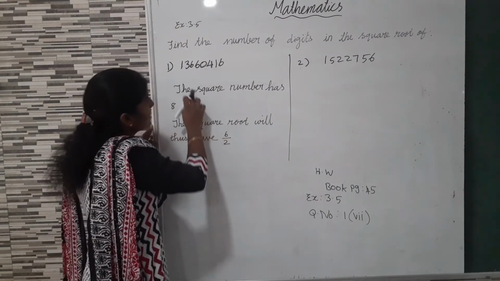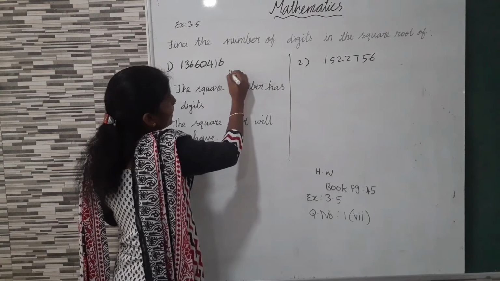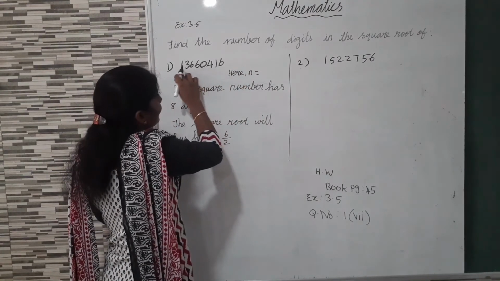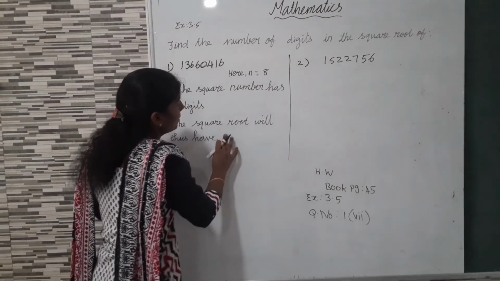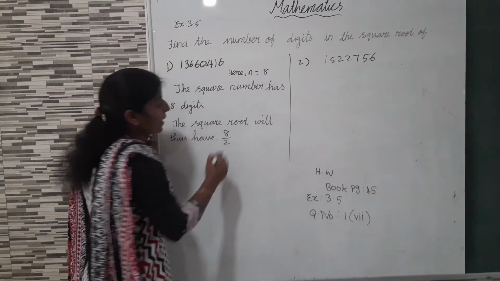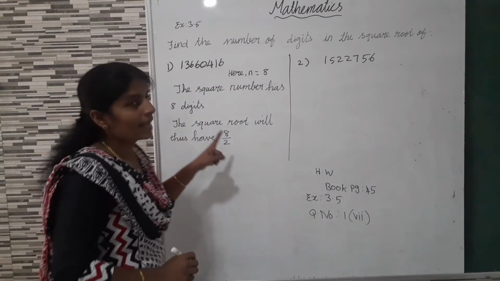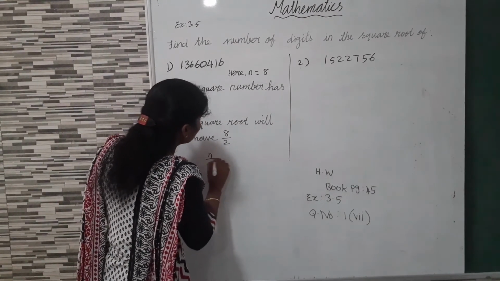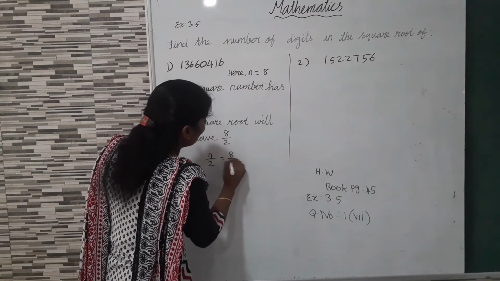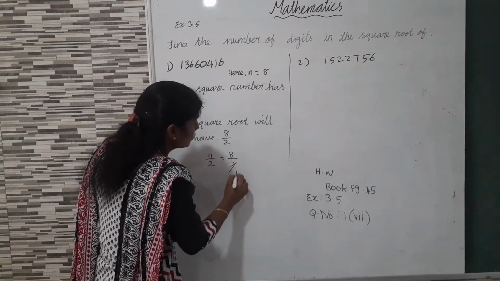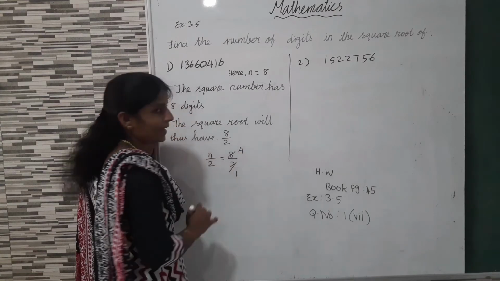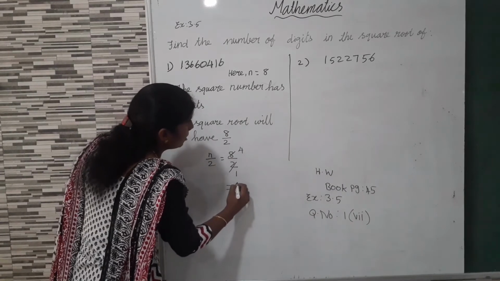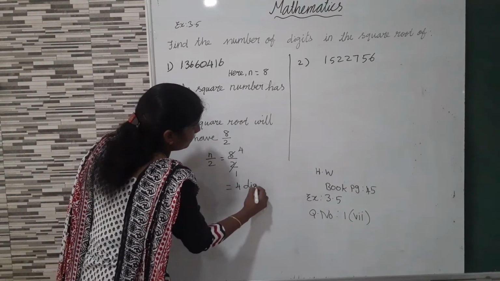Here n is equal to 8. So n by 2 means 8 by 2. 1 2 is 2, 4 2s are 8, so 4. 4 digits.